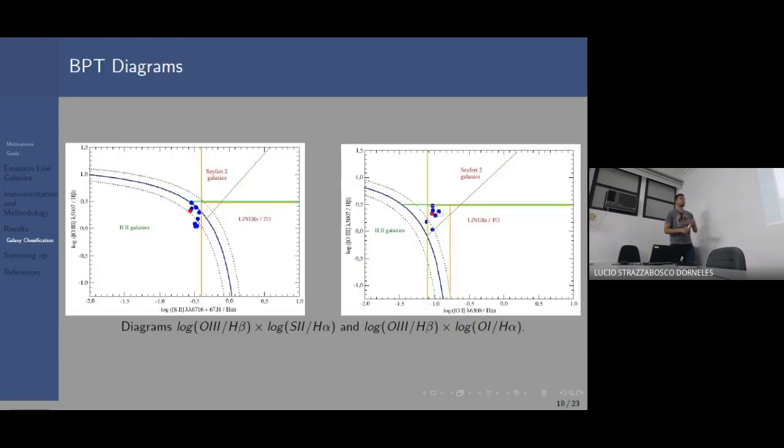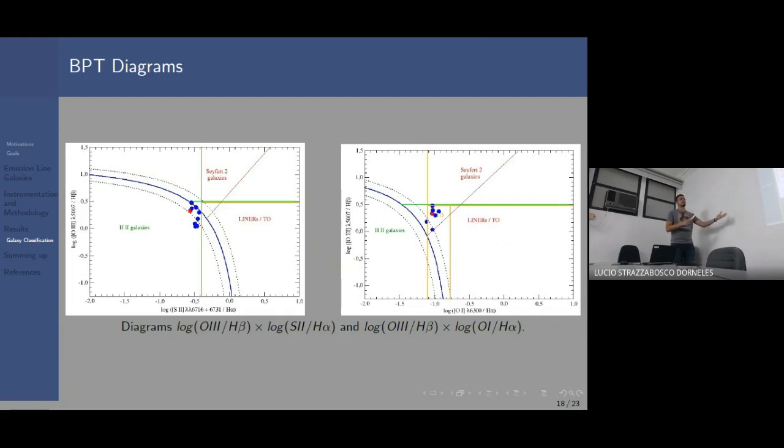Here we have the BPT diagrams that help us to determine the type of the AGN that the galaxy is. We have a galaxy here that is between the HII galaxy and the AGN branch.